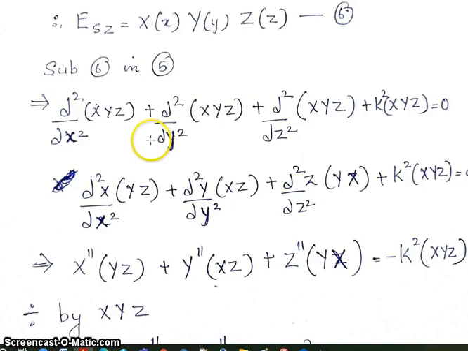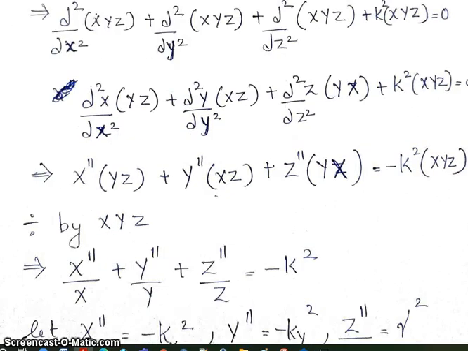Now I am slightly rearranging the terms. ∂²X/∂x² into YZ plus ∂²Y/∂y² into XZ plus ∂²Z/∂z² into YX plus k² XYZ is equal to 0. Now this ∂²X/∂x² is your double differential.